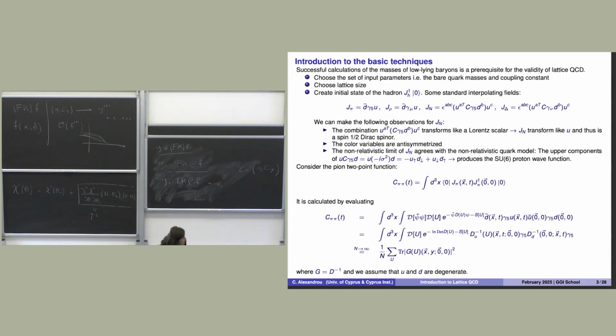So this gives me this determinant, which is a function of the gauge fields, the pure gauge field action. And then, as we saw yesterday, a product of the inverse of the Dirac matrix. Remember the formula we saw yesterday? Maybe not, but it's in the slides that I will send you.